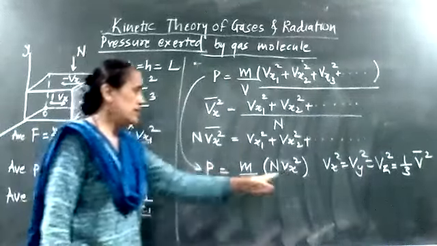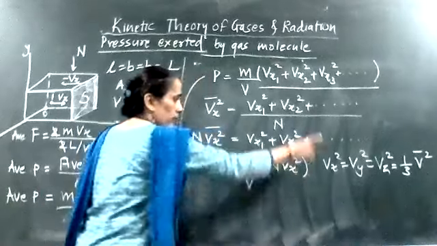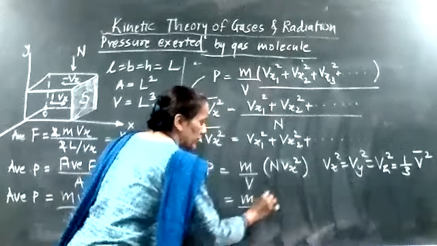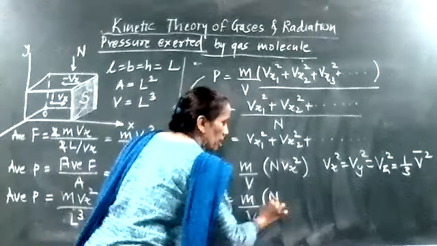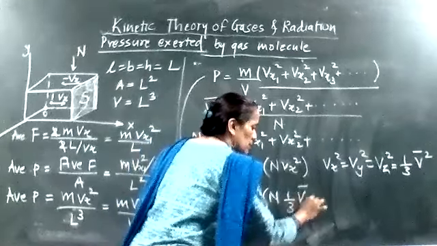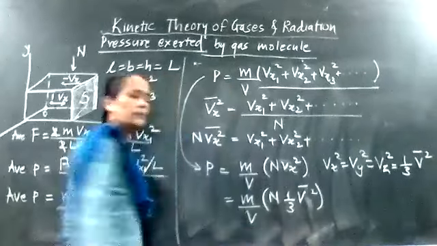Right? Means instead of this Vx square, I am going to write M upon capital V into N into 1 by 3 V bar square.